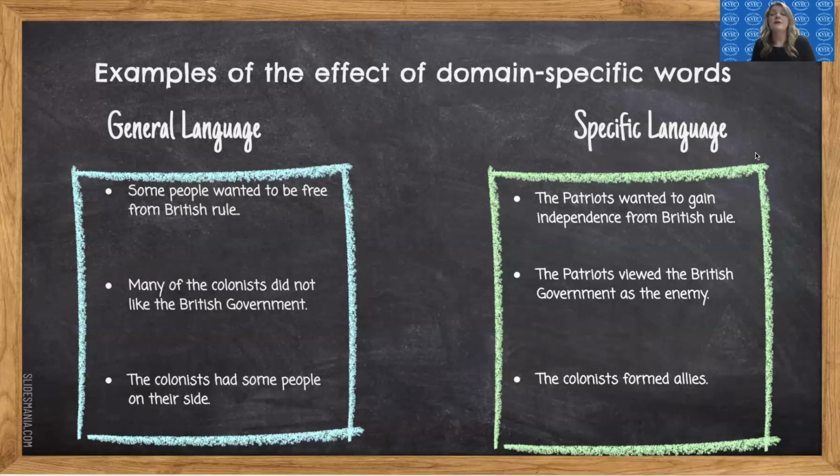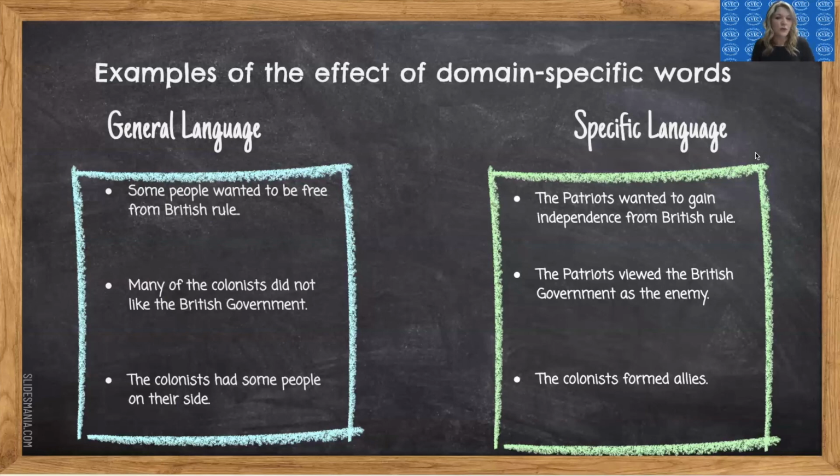When somebody reads their writing, we want the reader to think, wow, they really know what they're talking about, and they know how to express that in their writing. We want them to sound like an expert and use that specific language. Just a couple of words can make all the difference in the world.